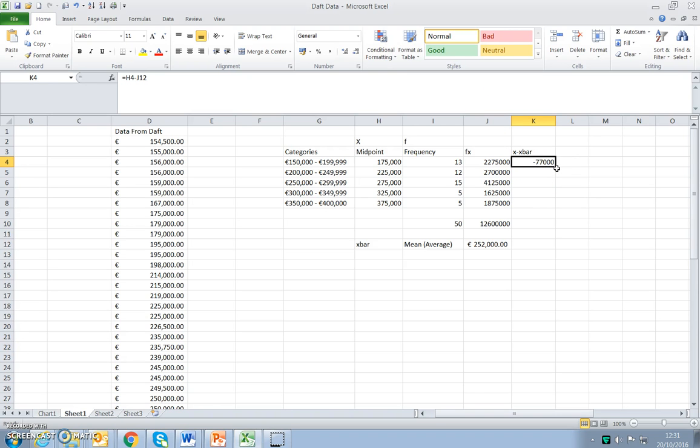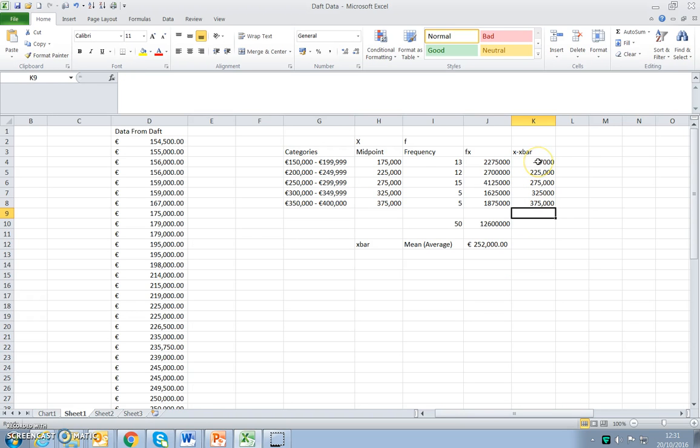Now, if you decide to pull and drag these values down, thinking that you will be pulling down this value here, you would be incorrect. What you've done there is calculated x, which is this, minus what you thought maybe was x bar because you clicked on it here, but here it'll bring in the cell below it, and here it'll bring in 2 cells below it, and here 3 cells below it.